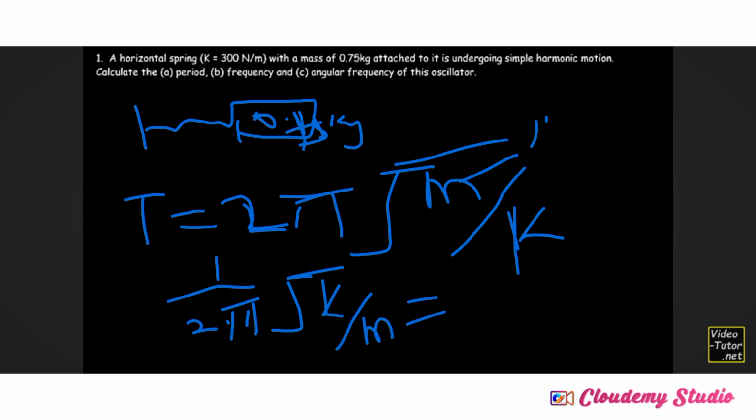Basically, it is just the inverse, so you don't have to stress yourself. Once you get the period or the frequency, you can just take the inverse to get the other. They also ask for the angular frequency of the oscillator, and we already know that omega is equal to 2 pi f. Basically, that's all you have to do.